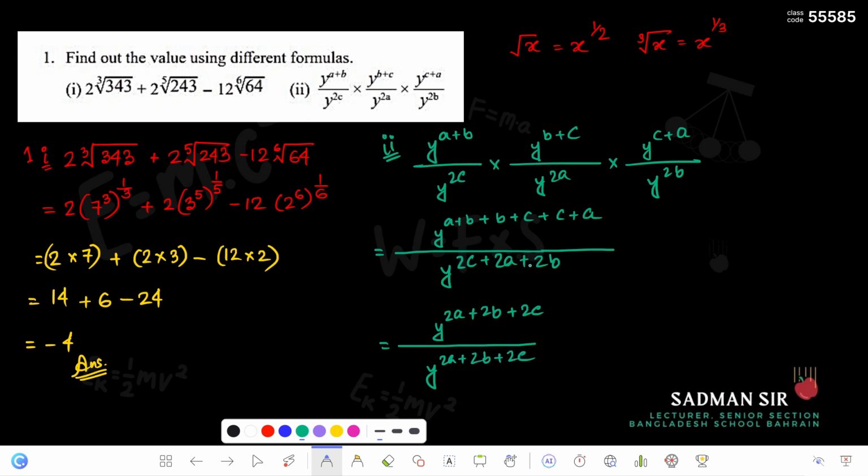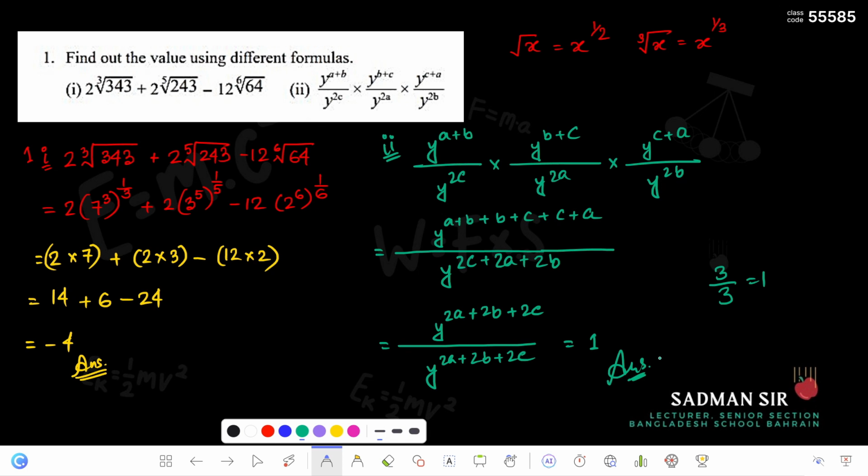I have rearranged it a little bit. We can do that if we want. 2a can be written first, 2b second, and 2c can be written last. No problem. So, for example, if I have 3 by 3, then it should be equal to 1, right? So here also you can see that whenever the numerator and the denominator are the same, the answer is 1. Here the numerator is y to the power 2a plus 2b plus 2c. Here the denominator is also the same. So as they are both the same, the answer will be 1.